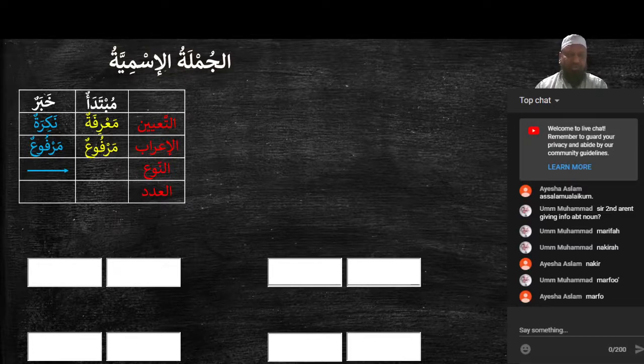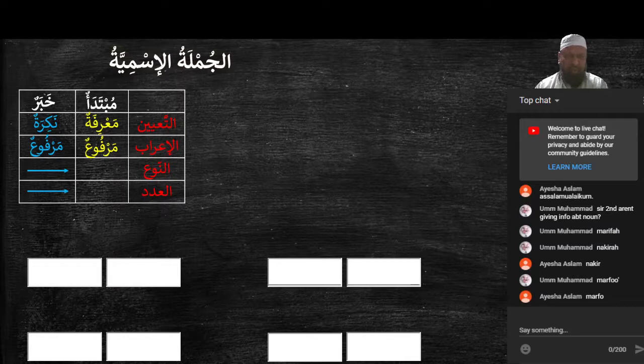Number 4, al-adad. Again, we have a choice. We can start with al-mufrad or al-muthanna or al-jama'. But the khabar has to match. Okay. So we put these 4 properties in front of us and we go through and apply the rule.